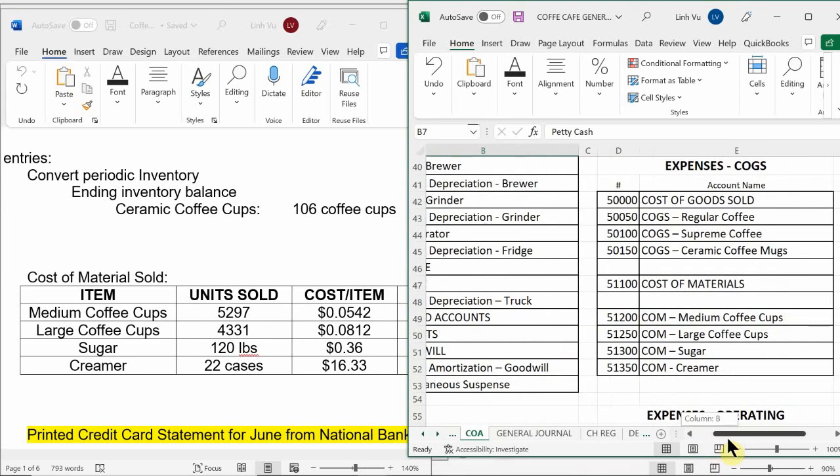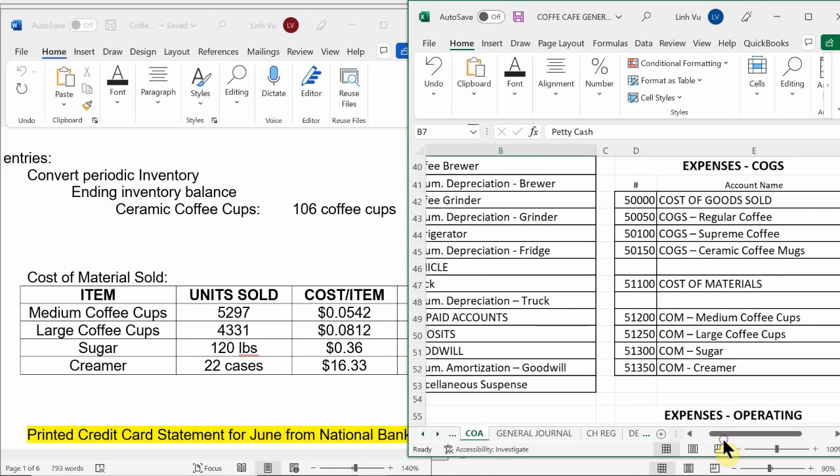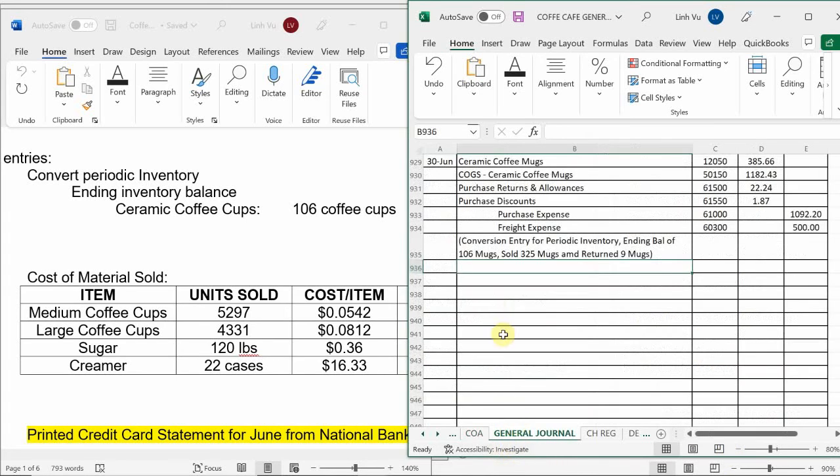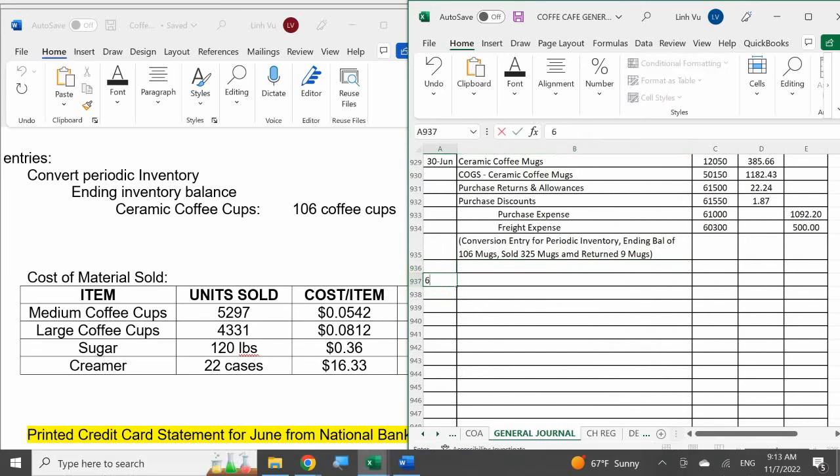Okay, cost of materials right here. So you've got 51,200, 51,250, 51,300, 51,350 for the cost of materials of medium, large, sugar, and creamer. In this case, you don't have to separate the journal entries. You could just shove them all into one journal entry. Okay. So I am going to do, today's the 30th.